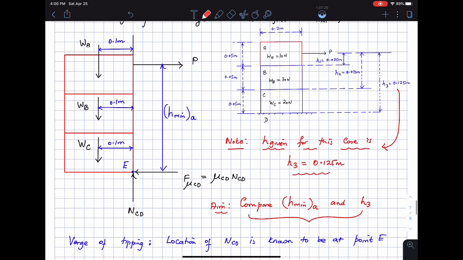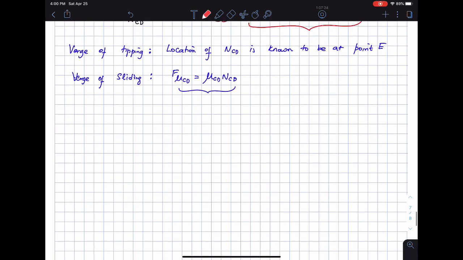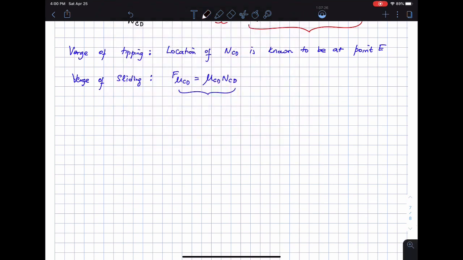Okay, so I'm just going to look at the free body diagram of these three boxes and some forces. I'm going to let you figure the forces and so on. Forces in the y direction: NCD is equal to WA plus WB plus WC, which means that NCD is going to be 60 newtons.